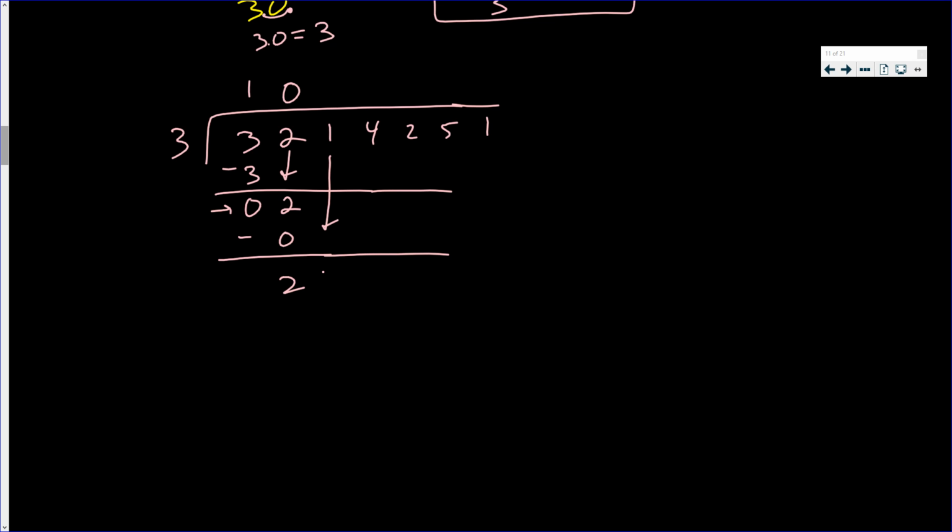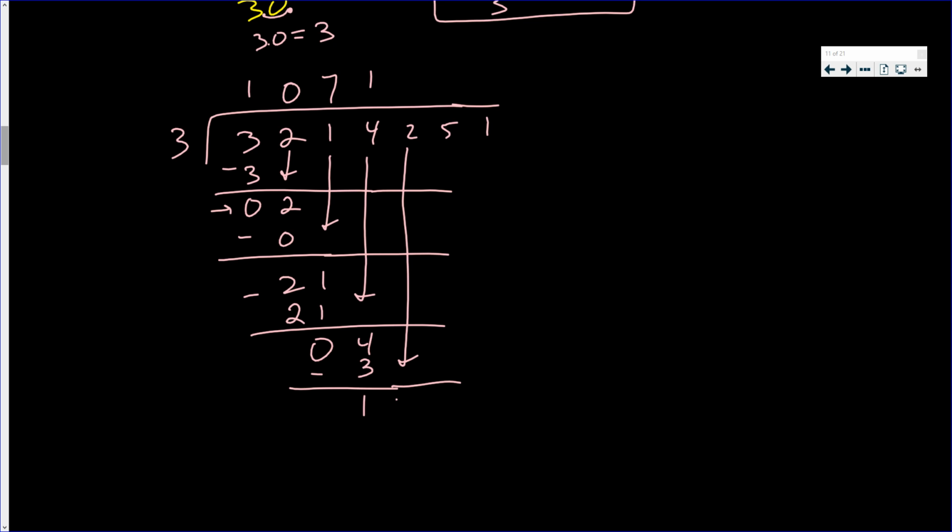Bring down the 1. 3 into 21 goes exactly 7 times with no remainder. Bring down the 4. 3 does go into 4 one time. So I subtract 3, I get 1. I bring down the 2. 3 goes into 12 4 times with no remainder.